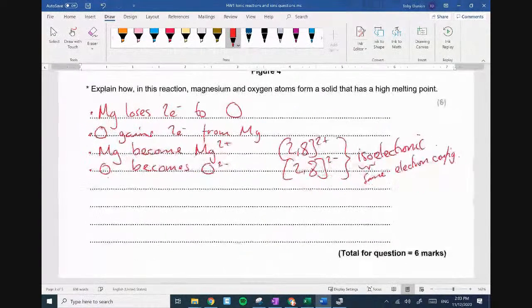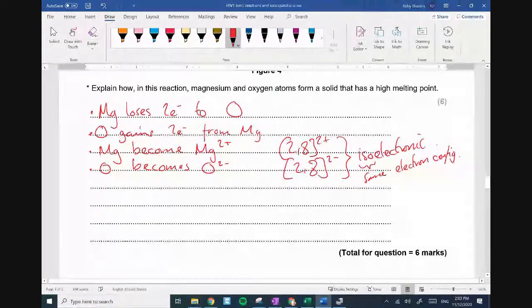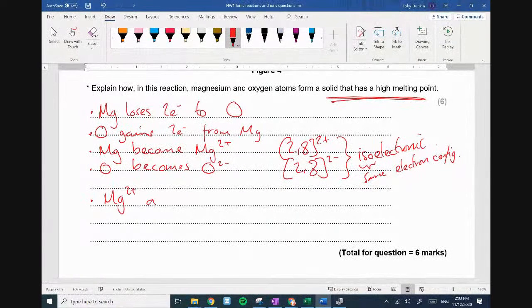The last thing is we can now give the high melting point bit. Oh, right. So now we need to say Mg2+ attracts O2-. 1 mark. Yeah, they attract each other. Opposite charges attract. Last mark with the strong, notice my capitalization, strong electrostatic attraction.